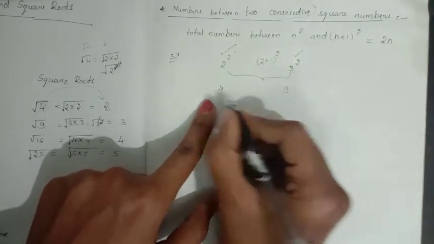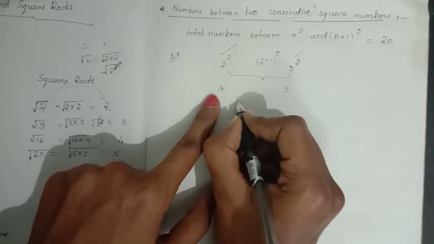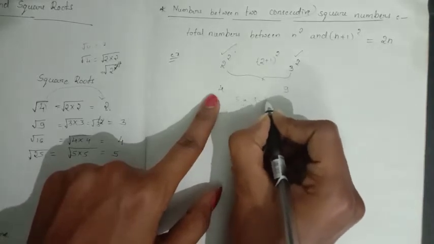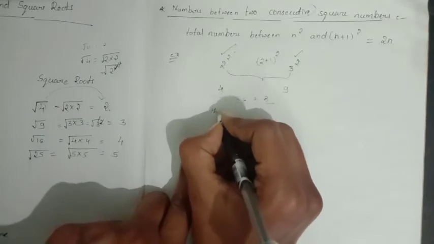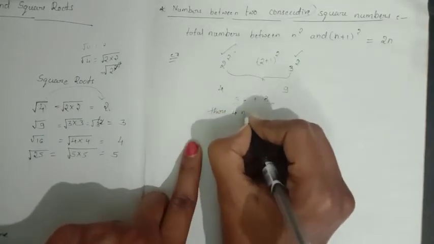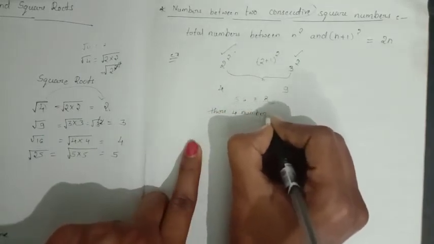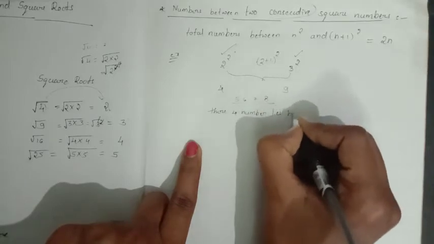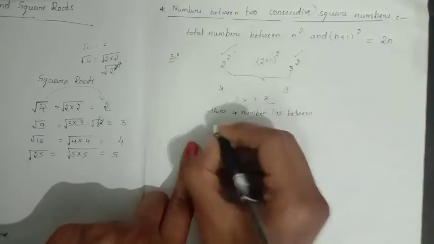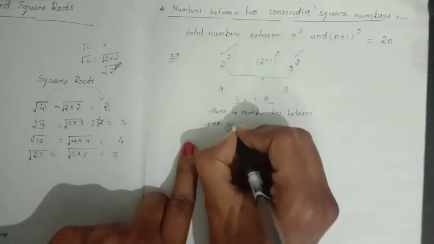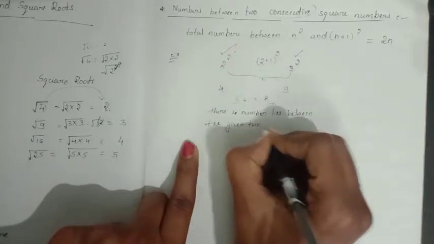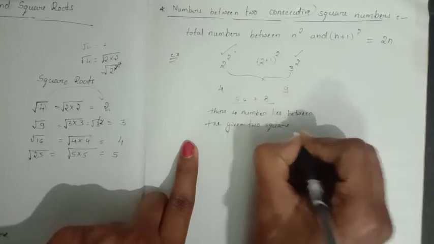For example, after 4 come the numbers 5, 6, 7, 8, and then 9. That means you will say there are four numbers that lie between the given two square numbers.